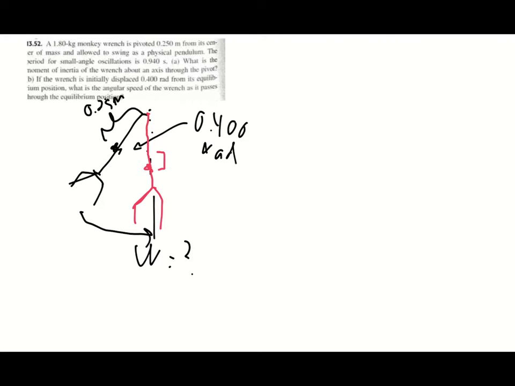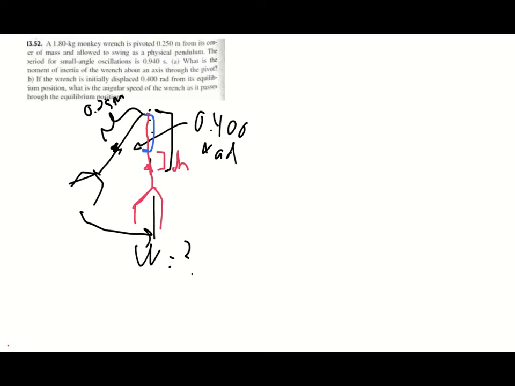So the actual height in terms of mgh is a little different than normal, because we're going to have to measure this part up here and subtract that from this whole distance.